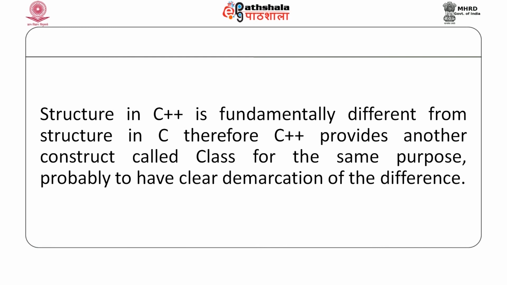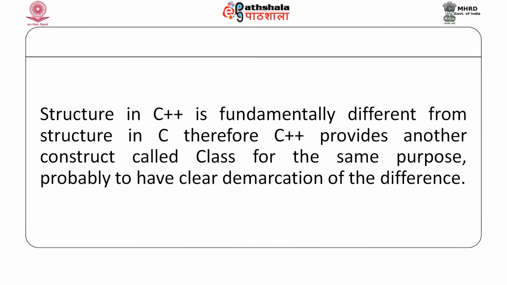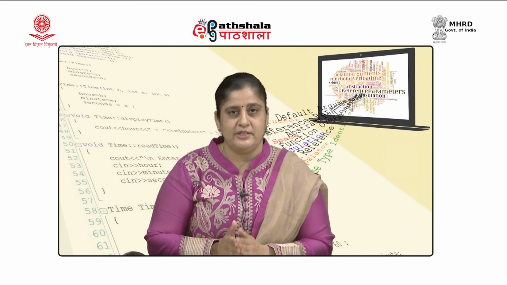But you would see that structure in C and C++ are fundamentally different. There we only encapsulate the data part of it, and here we are able to incorporate functions also along with the data items. So, they are fundamentally different, and therefore C++ provides another construct called class for the same purpose, probably to have a clear demarcation between the way we define a data type in C and in C++.